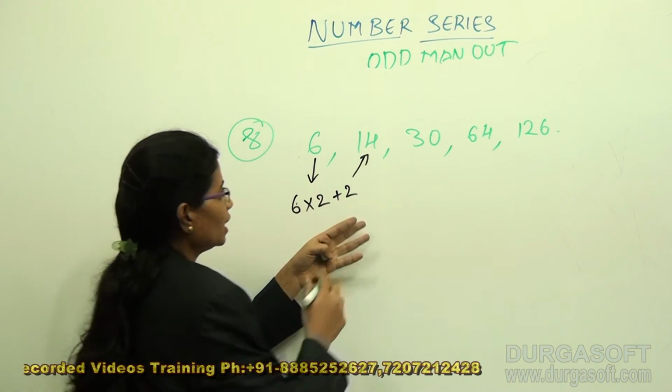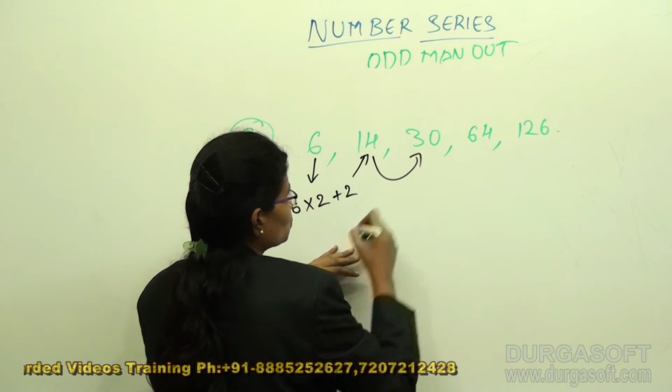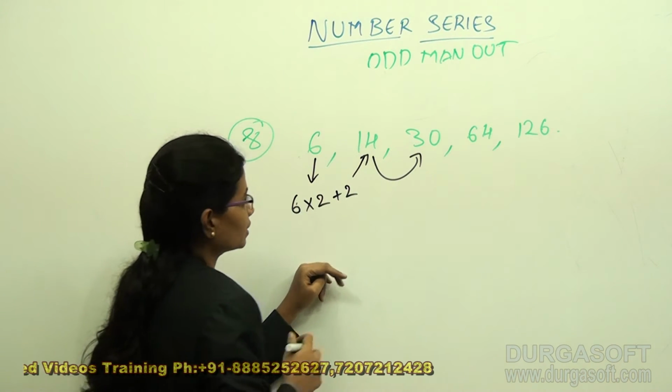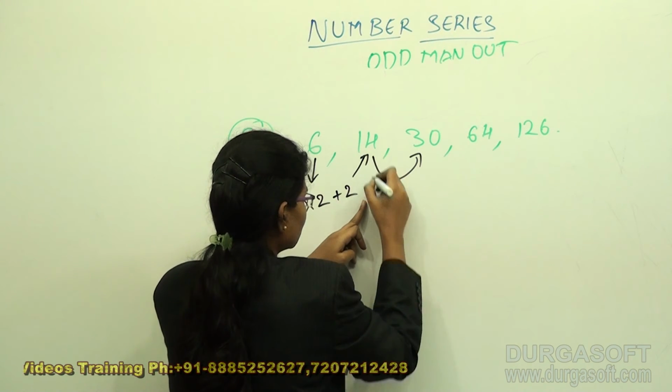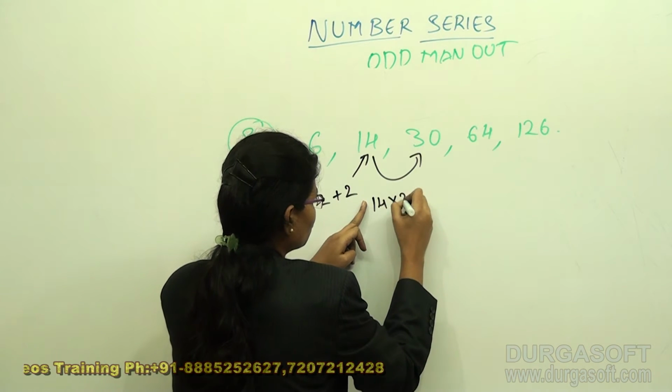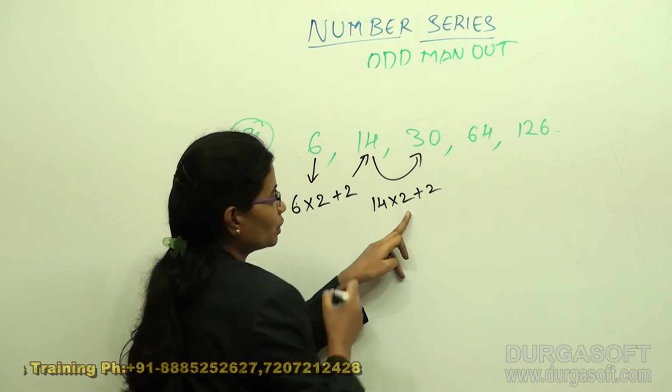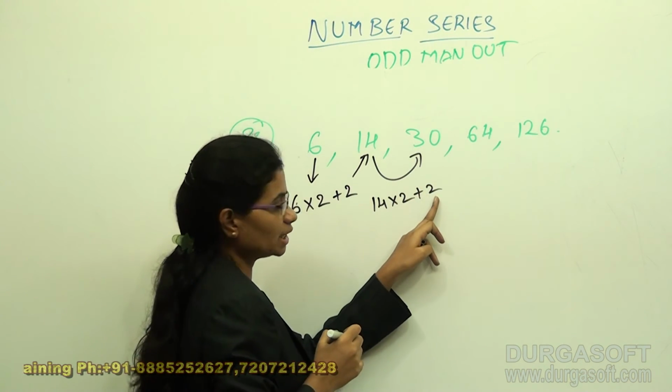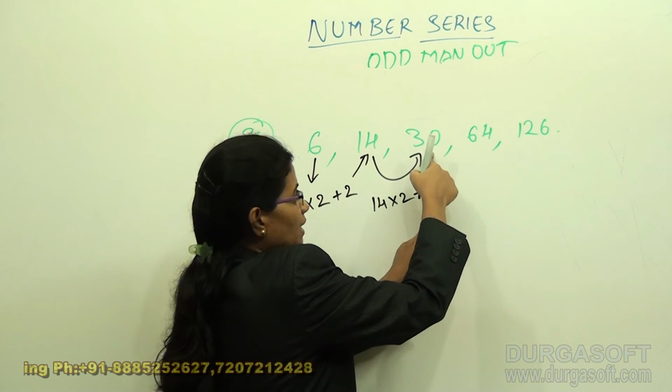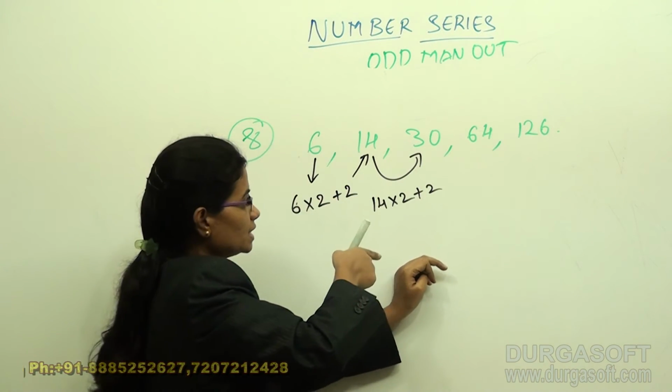So let's try. If it is the same with this 2, then my series will be correct. So take the next number, 14 into 2 plus 2. 14 into 2 is 28, plus 2 is 30. As I got 30 here, my series is correct.